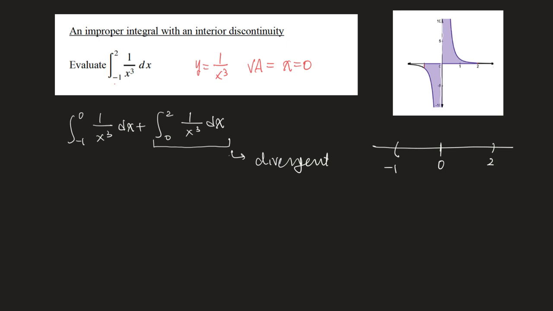So this whole thing is divergent, which means this integral is divergent. So make sure, guys, when the vertical asymptote is between the limits, you separate it and find each improper integral. If one of them is divergent, then the whole thing is divergent. If both converge, then this integral converges.